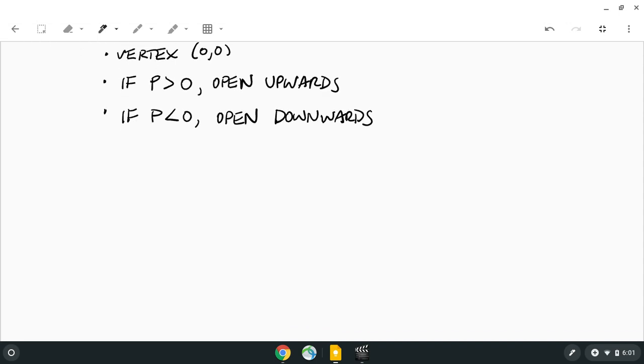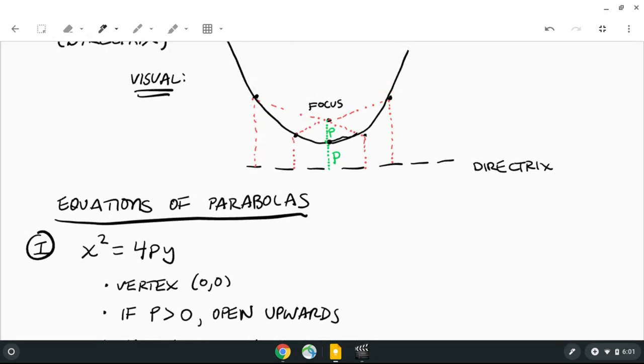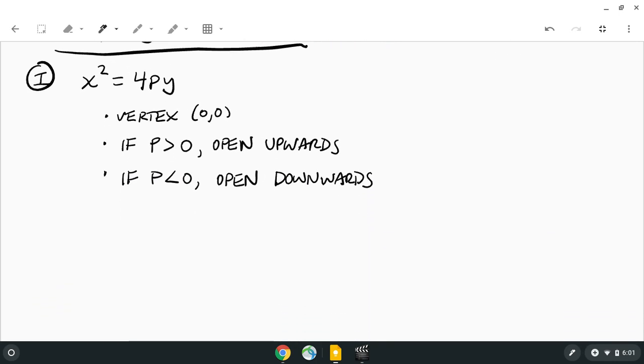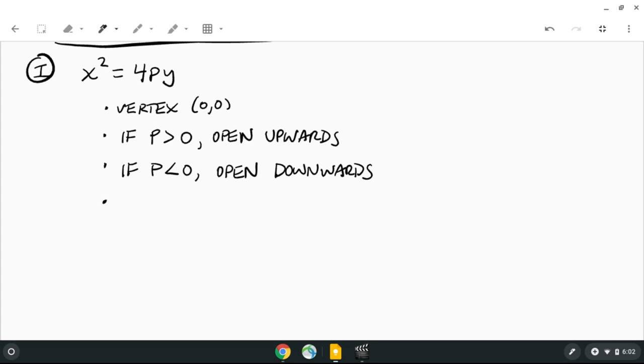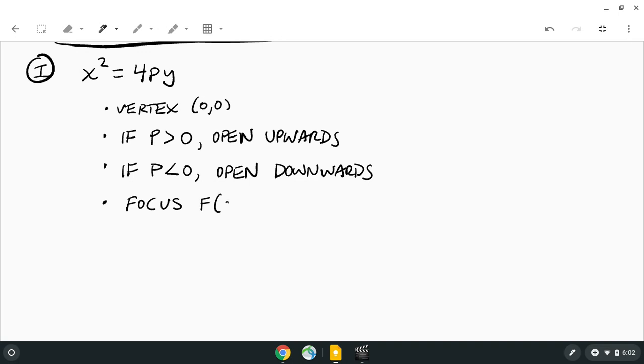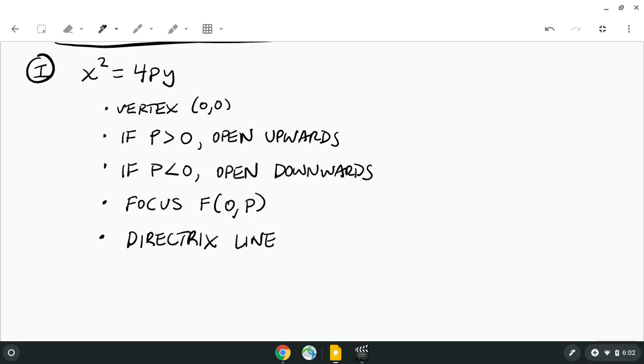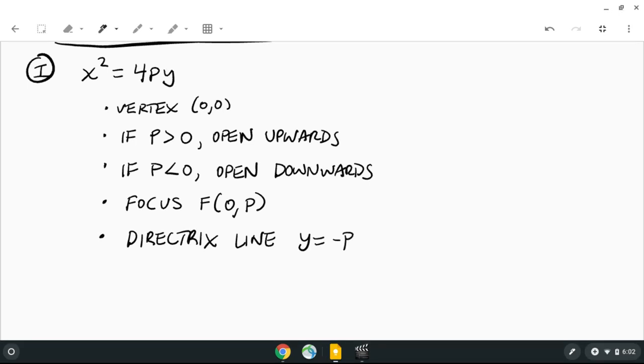Now the focus and the directrix become the main characters here in this section. So here, the focus will be at the point 0, P, and the directrix will be the line y equals negative P, regardless of what P is.